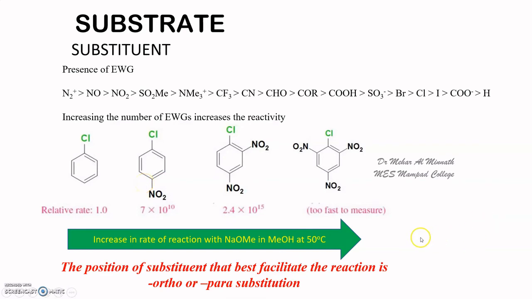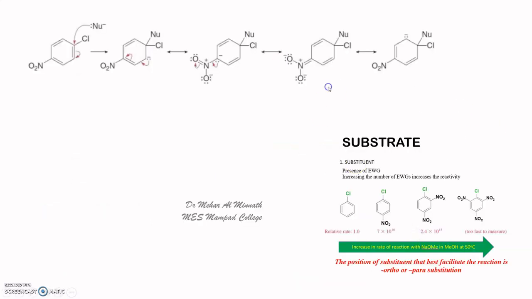It must be either ortho or para to the leaving group. Then the reaction will be very fast. Now, we'll see why that is so. Here, when the nucleophile attacks the substrate, the nucleophile and chlorine, the leaving group, both will be attached to the carbon, and a carbanion will be formed.